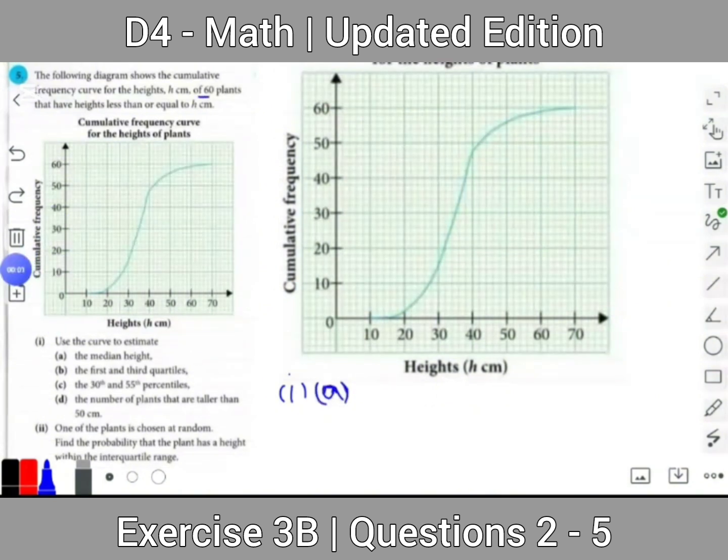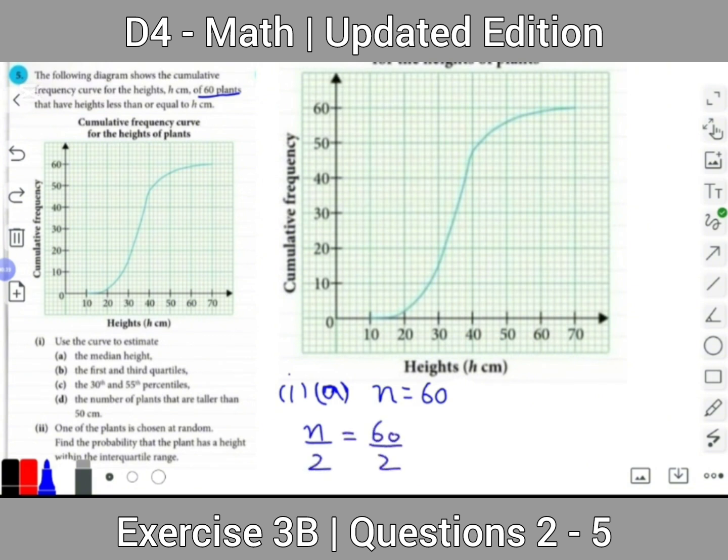So our total frequency n is equal to 60. Now to estimate the median from the cumulative frequency curve, we find the position of the median by using n by 2. So n by 2 will be equal to 60 divided by 2, and it will be equal to 30.